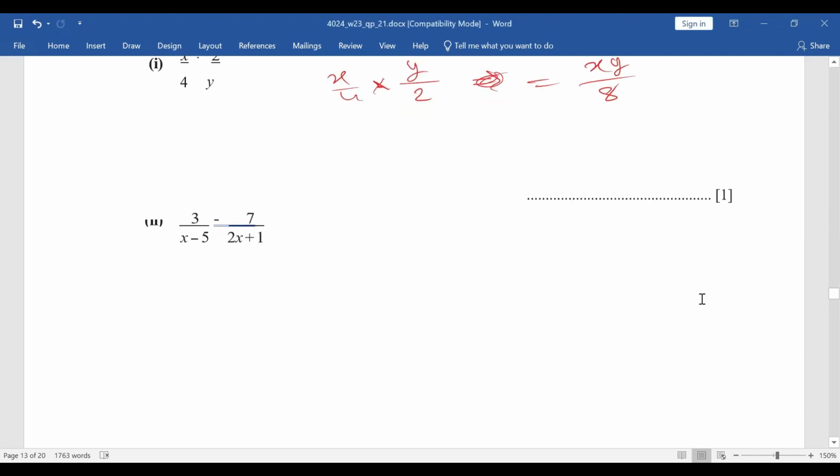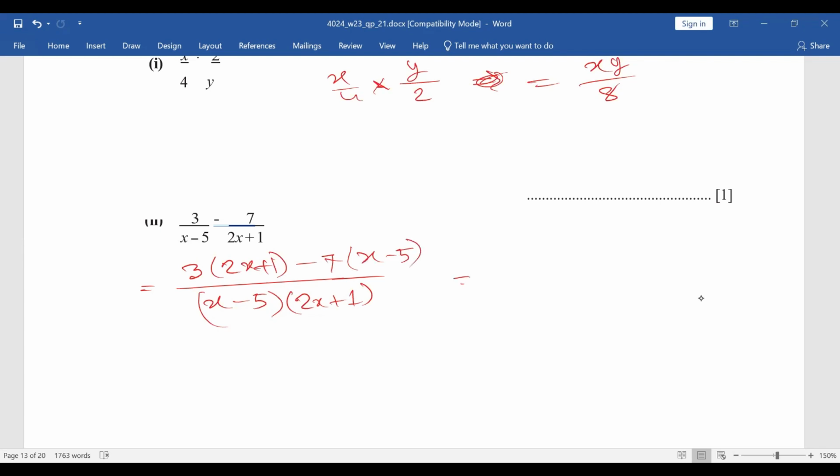Next problem, 3 by x minus 5 minus 7 by 2x plus 1. Okay, let's take the LCM of x minus 5 and 2x plus 1, which is the multiplication of these expressions. Then divide by x minus 5. So 2x plus 1 multiplied by 3 minus 7 multiplied by x minus 5. Okay.